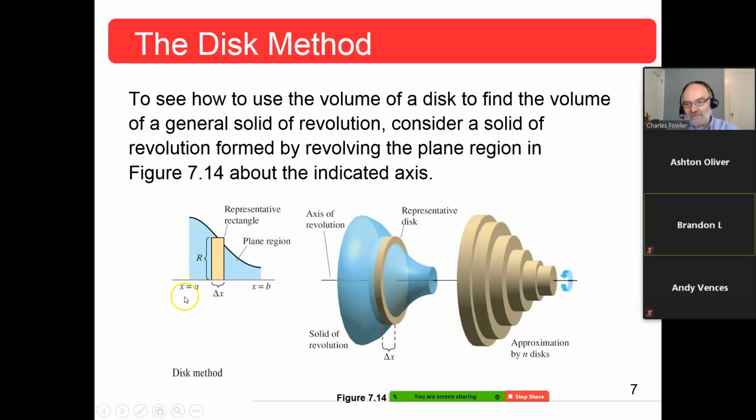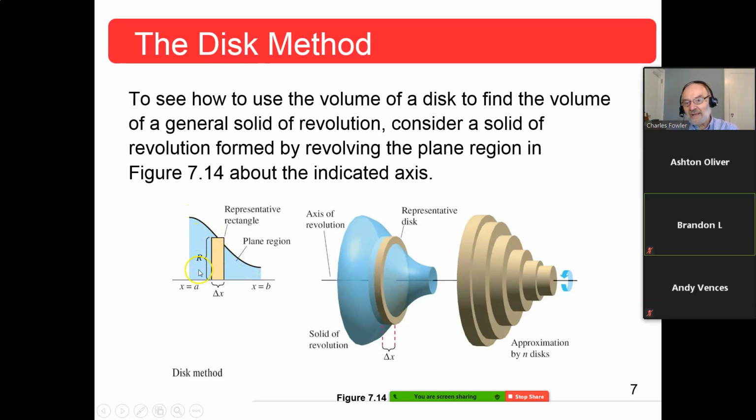Now here's your plane region. Here is your x equals a to b, and you're doing this curve. We're just going to call that f of x.